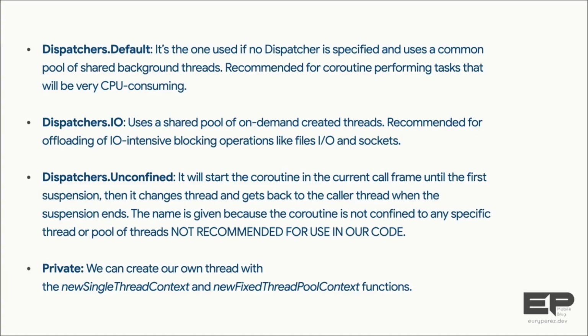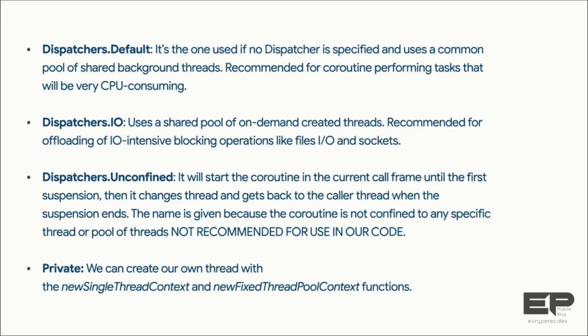When the unconfined dispatcher detects that there is a heavy operation that wants to suspend the current coroutine, it will then change the thread and get back to the caller thread when the suspension ends. You can recall the example we were seeing in the beginning of that fetch user or fetch data function that will go outside of the main thread to a separate thread, complete, and then come back.